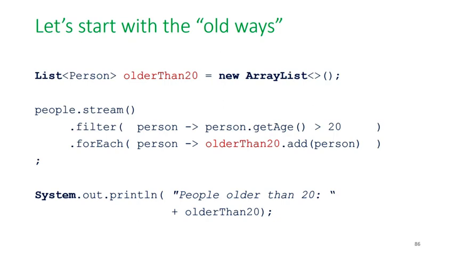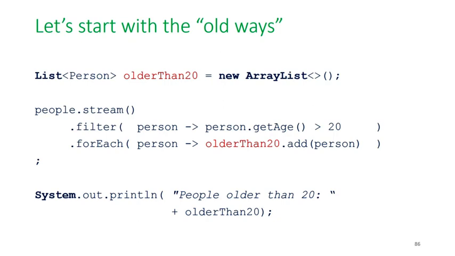Then we're going to filter. We provide a lambda to do the filtering. So given a person, I'm going to keep that person if the age is greater than 20. And then for each of the resulting persons that has been filtered in, I'm going to take my variable olderThan20 and call add on it and add this person.